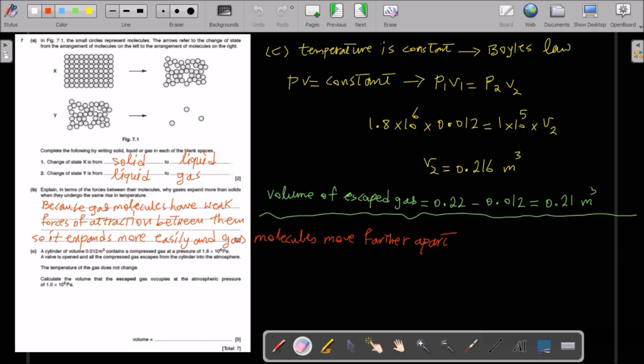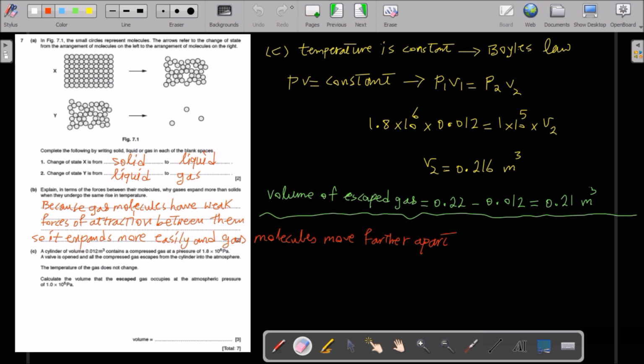So in first condition, we have 1.8 times 10 to the power 6, this is P1, times V1, which is 0.012 meter cube. In second situation, P2 is 1 times 10 to the power 5 Pascal times V2. So if you calculate, V2 will be 0.216 meter cube.